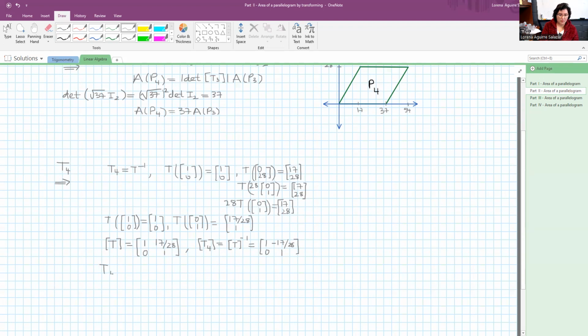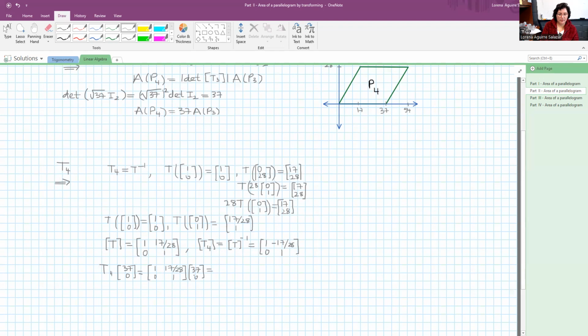So T4 applied to (37, 0). Let's write it here. (1, -17/28; 0, 1), multiplied by (37, 0).